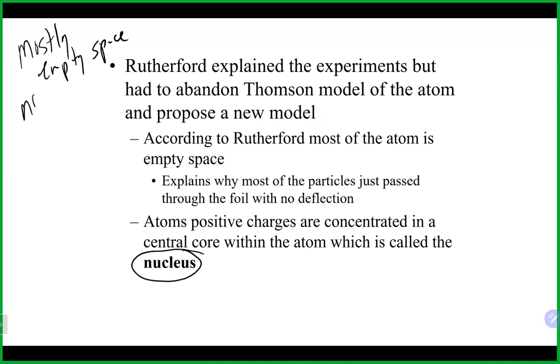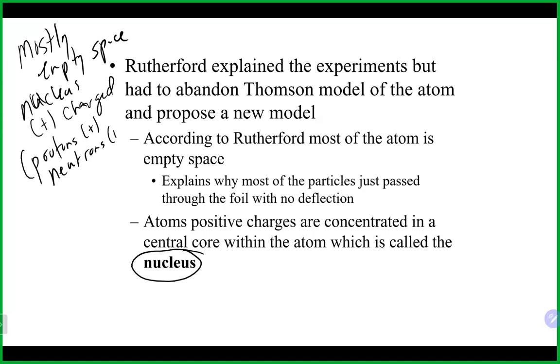And in the nucleus, which is positively charged, is where we find, as we'll talk about later on, protons, which are positively charged, and in 1930, neutrons, which have no charge. So typically speaking, we have the atom, empty space, the nucleus where protons and neutrons are housed, and in that empty space is where we find electrons.